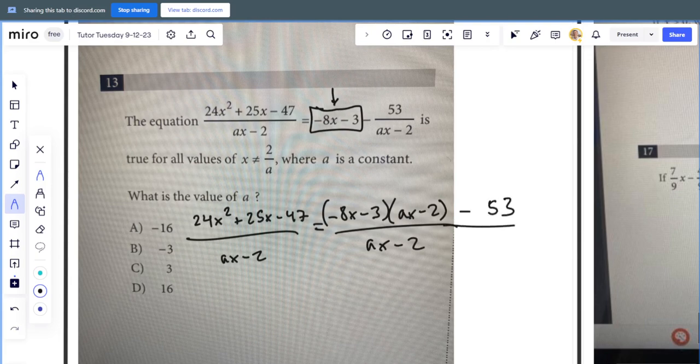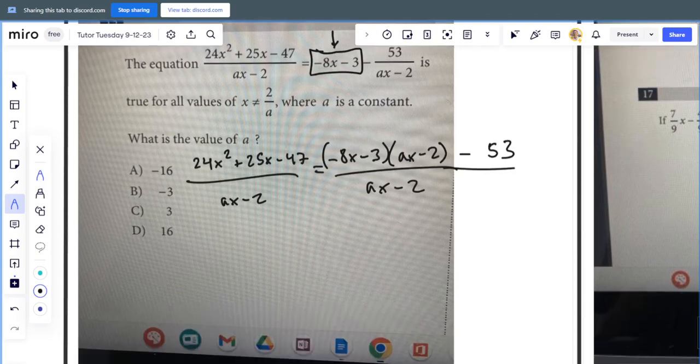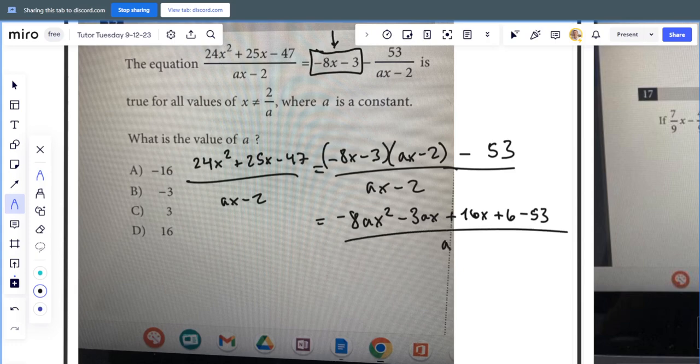So that's equal to −8ax² − 3ax + 16x, did I do that right? Plus 6 − 53. It should not be 16x, it should be 16. No, that's right, 16x. This is all over ax − 2.